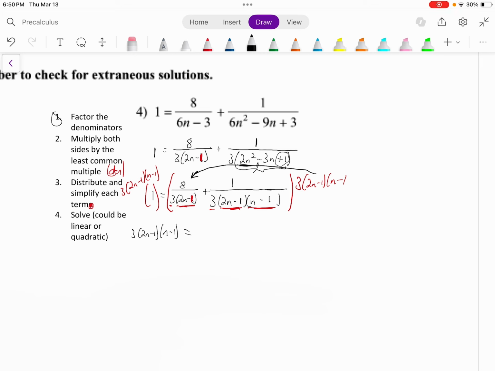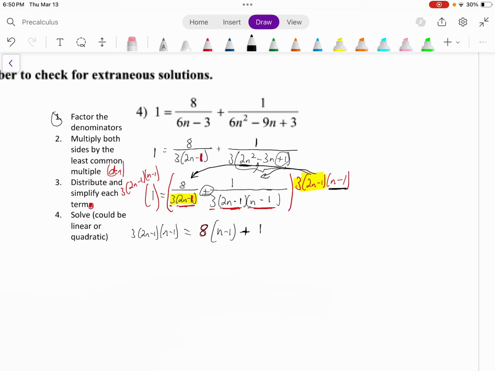When we multiply here, the 3 times 2n minus 1 will cancel with 3 times 2n minus 1, and so we end up with the 8 times n minus 1. And then we have our plus sign here, so plus. And when we distribute here, this thing cancels completely, so we just have a plus 1.